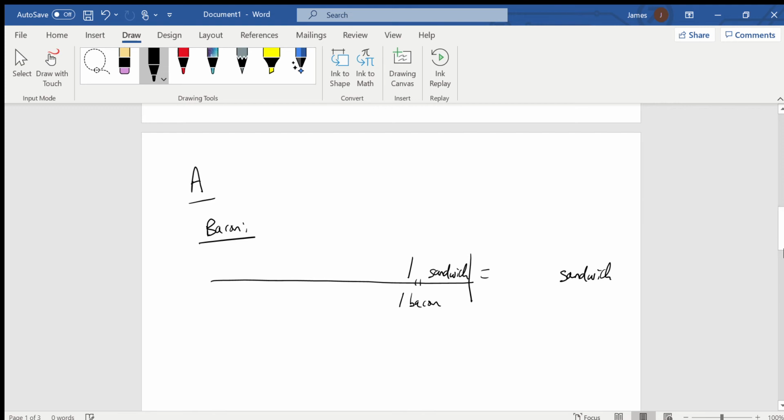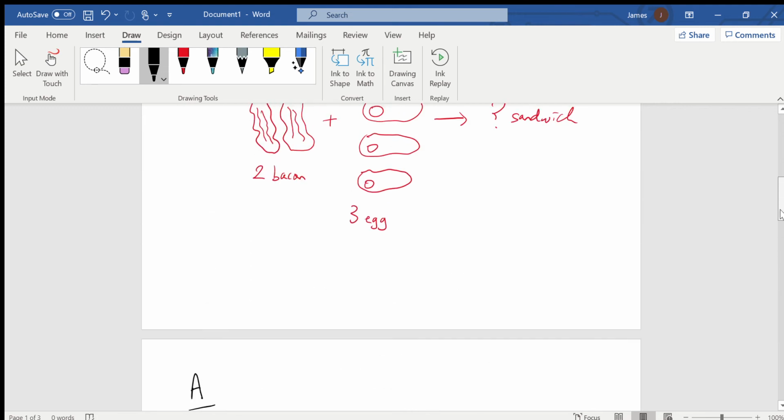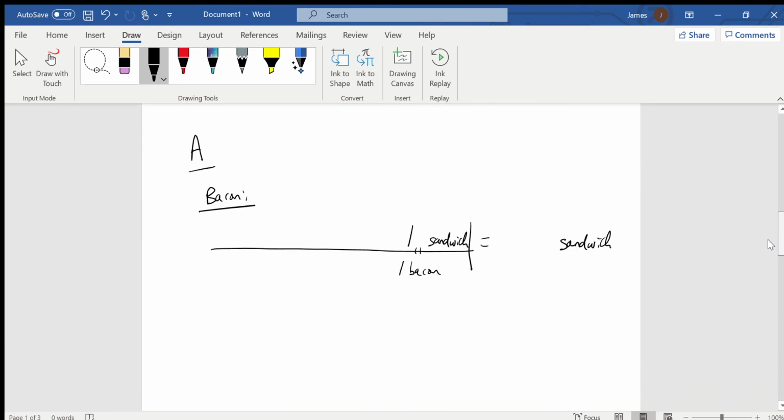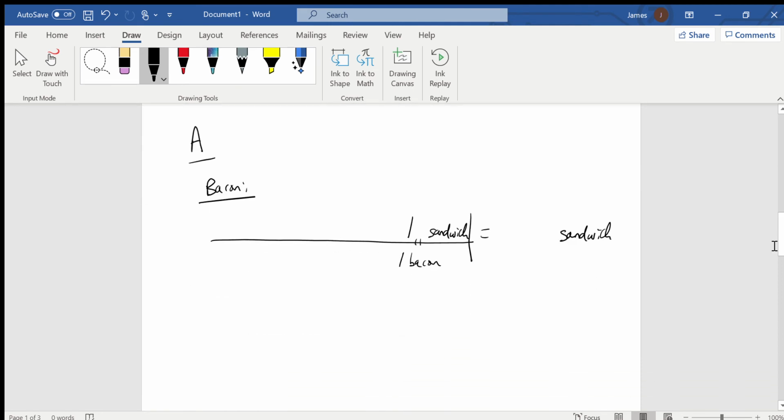How do we know that? Remember, from our equation here, everything is equal, so one bacon is equal to one egg, one bacon is equal to one sandwich, one egg is equal to one sandwich. So that's where we're getting this ratio from. One sandwich is equal to one bacon.